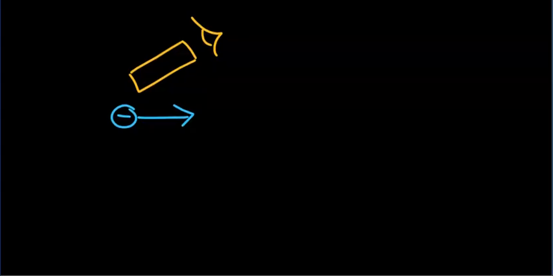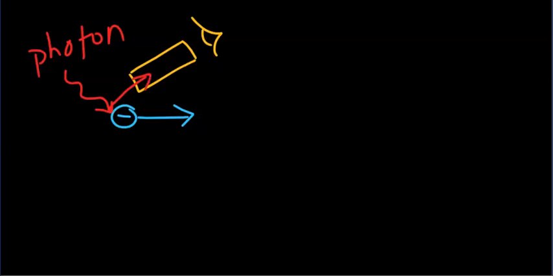For you to see the electron, at least one photon of light must bounce off the electron and pass through the microscope into your eye. However, during the strike, the photon transfers a certain amount of momentum to the electron, and this causes the electron to recoil entirely into a new direction.